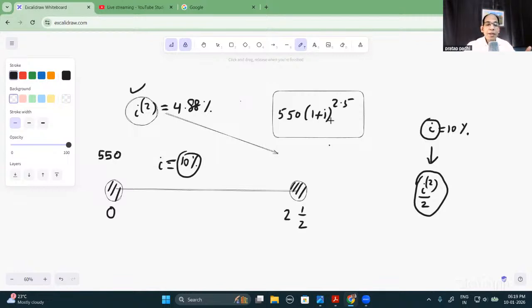So the error will propagate, because for I 10%, we take 4.88%. You take 8 decimal places or 6 decimal places as given in the actual table, but then you are definitely rounding. So the rounding error will propagate. The more steps we do, the more rounding errors will propagate. That will create a problem.